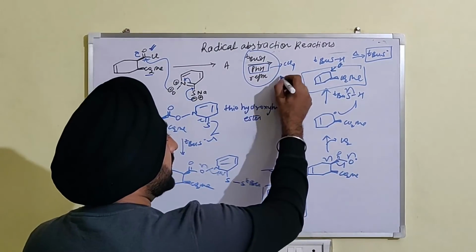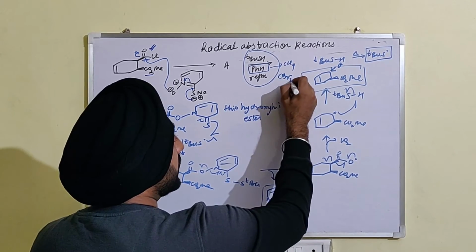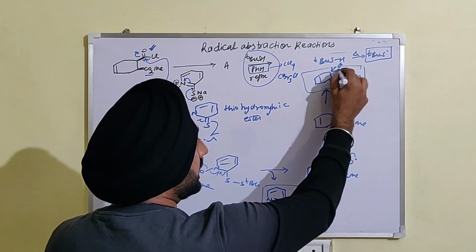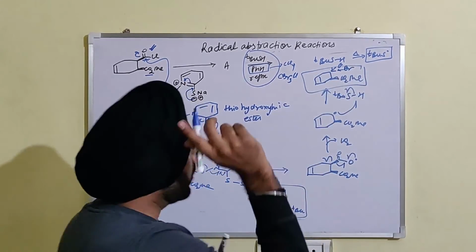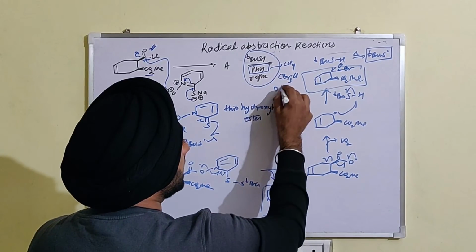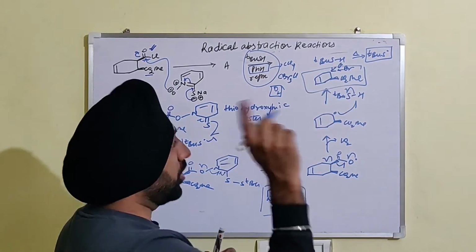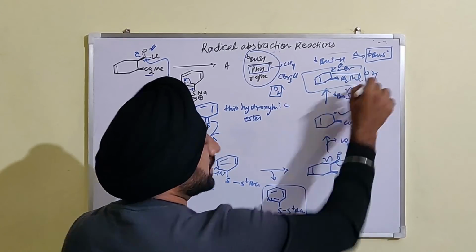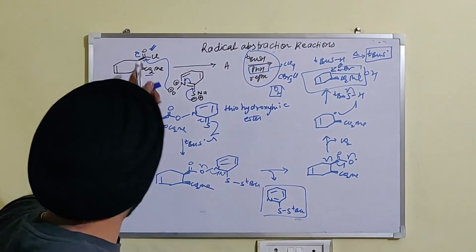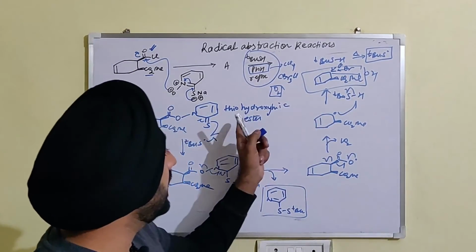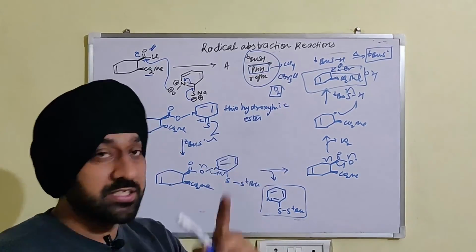Remember, had we used CBr3Cl, we would have incorporated bromine here. Had we used oxygen in this reaction condition, what we would have incorporated is an OH here. So this is something that you should remember whenever you proceed via the thiohydroxamic ester strategy.